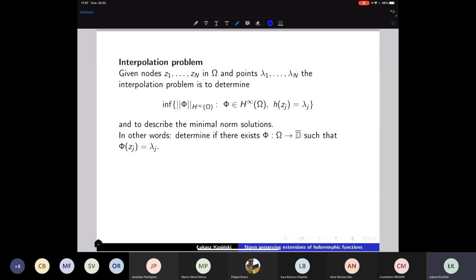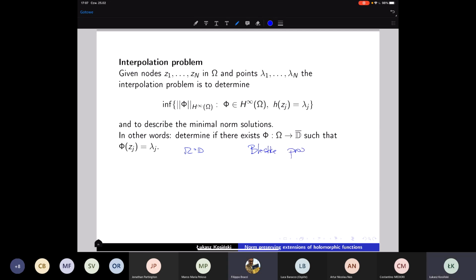Therefore, the dual statement is to determine if there exists a holomorphic function on omega that interpolates, an optimal solution, and we are interested in optimal solutions. This is quite standard and simple if omega is the disk. Then optimal solutions are just Blaschke maps.